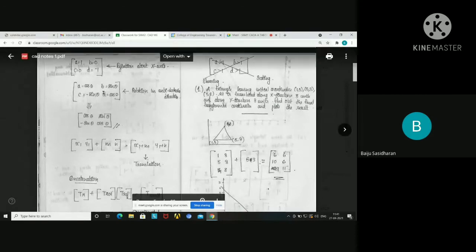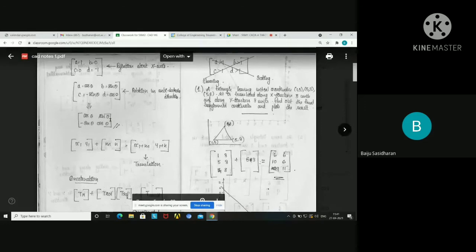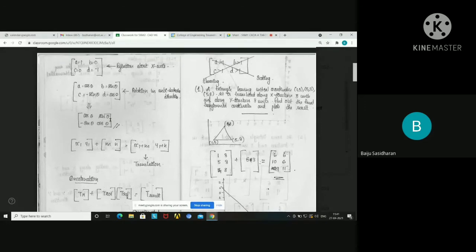Another operator is where A is equal to cos theta, B is equal to sin theta, C is equal to minus sin theta, and D is equal to cos theta. In other words, it is cos theta, sin theta, minus sin theta, cos theta. If you multiply any initial coordinate value with this transformation operator, the net effect will be a rotation.